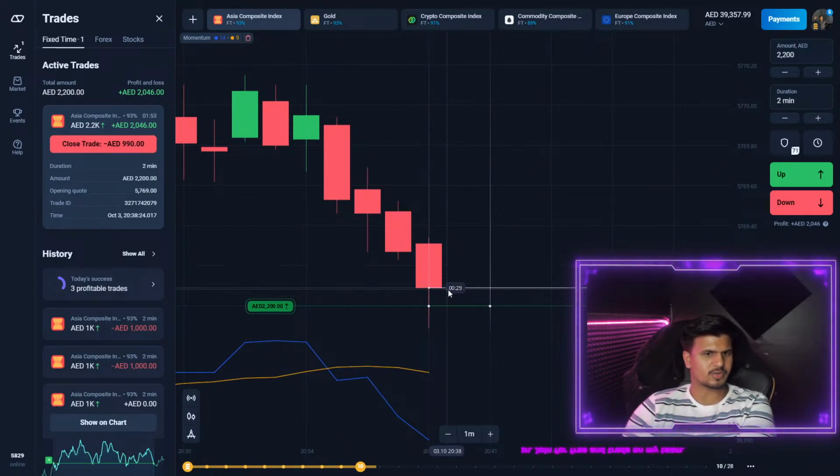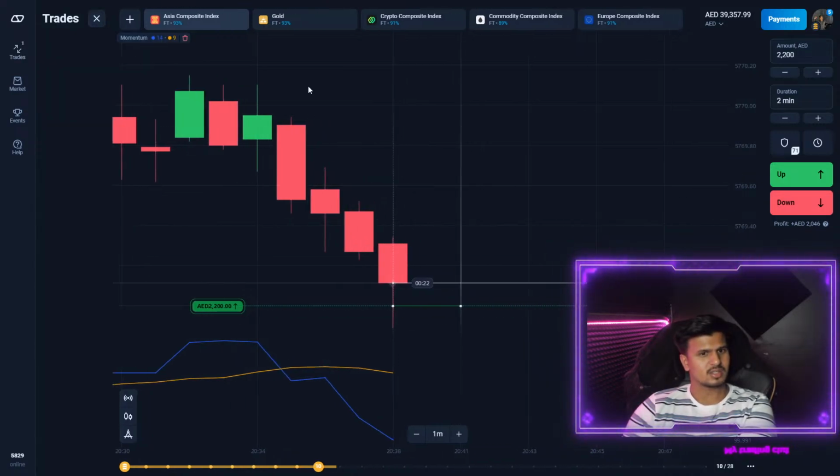Guys, if this profitable trade becomes successful, then it will recover the previous losses, these 2000, as you can see here. So let's wait.